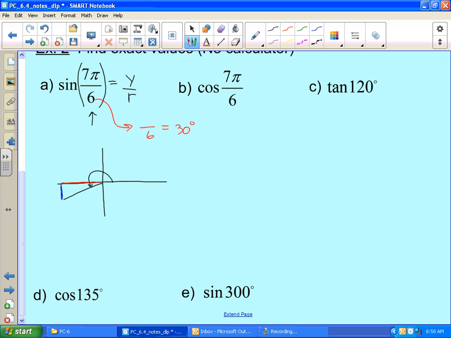And in this triangle, just going off origin again, I have a negative x part of the triangle. I have a negative y part of the triangle. Then I have this angle here, and there's my reference angle. So we've spun around 7 pi over 6.